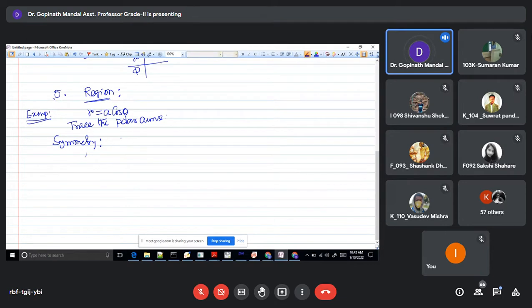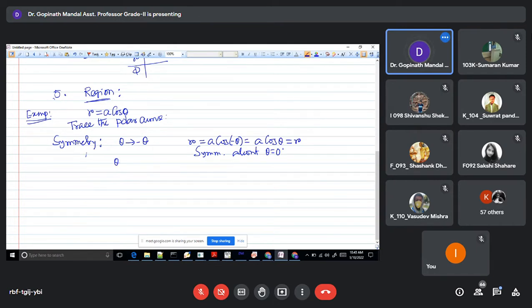First put theta equal to minus theta. Then r will be equal to a cos(minus theta), that means a cos theta, which is equal to r. So there is no change. So this will be symmetrical about the initial line theta equal to 0.